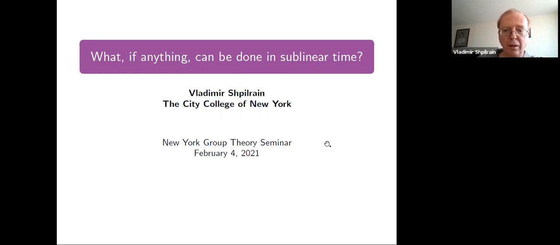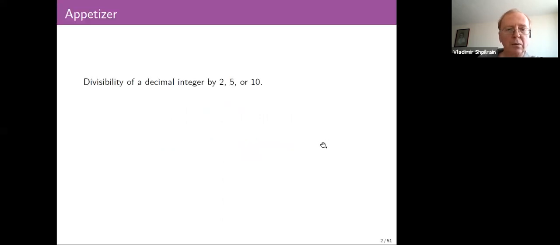But there is a well-known example, right? The divisibility of a decimal integer by 2, 5, or 10 can be decided by reading just the last digit. You don't have to read the whole input, just read the last digit.